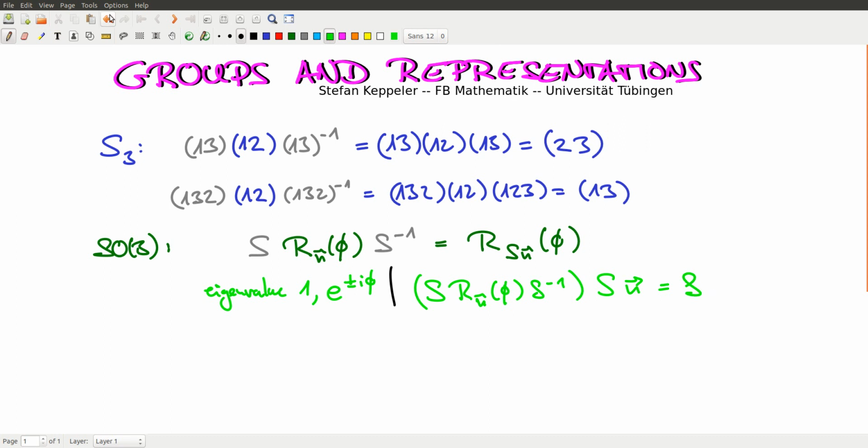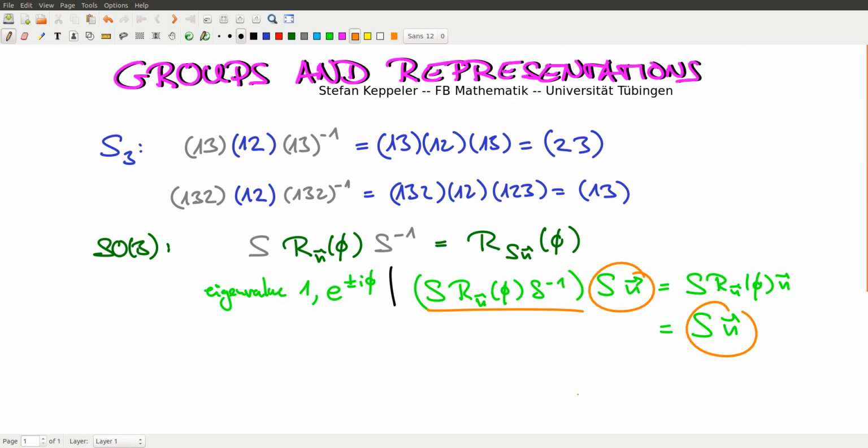That is, we have S R index n of phi times n. But now we said that this is a rotation about the axis n, so it leaves this n here invariant. So that's just S times n. And now we see that this rotation leaves this axis here invariant.